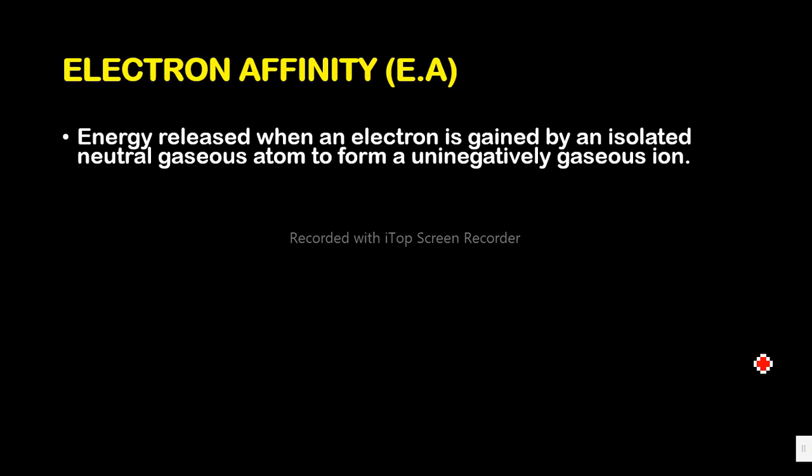Here in electron affinity, you gain electrons. So it is the enthalpy change, or if you want to be specific, the first electron affinity is the energy released when an electron is gained by an isolated gaseous neutral atom to form a negatively charged gaseous ion.